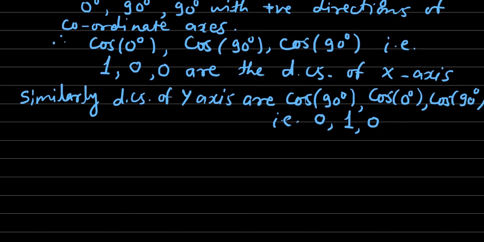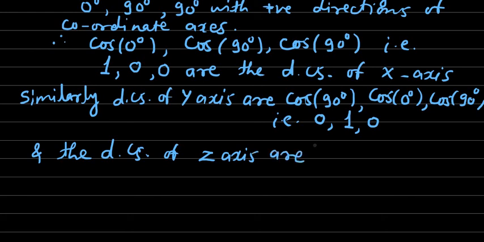And the direction cosines of the z-axis will be cos of 90 degrees, cos of 90 degrees, cos of 0 degrees, which is nothing but 0, 0, 1.